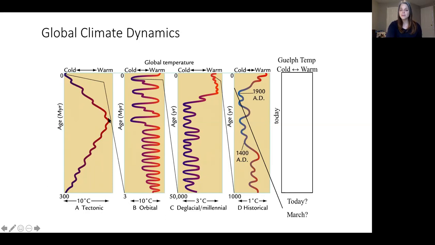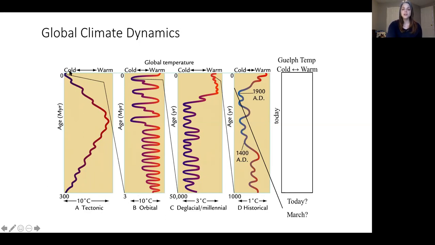Since about 100 million, maybe more like 60 million years ago, it's been getting gradually cooler, with a couple of hiccups in that range. So the first thing to note is that over a really large time frame, we've had pretty big swings in temperature: over 300 million years, we're changing our temperature upwards of 10 degrees.